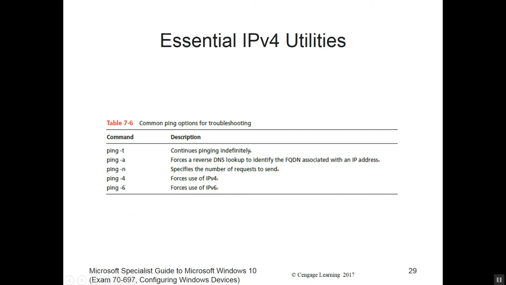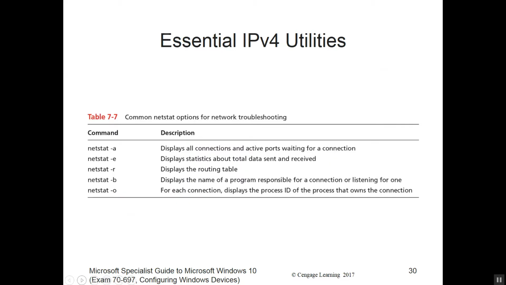I think traditionally we'll run 5 requests. The request goes out. How long did it take to get a response? It gives us an idea of how efficient our network is and whether it's actually working. We've got netstat for network troubleshooting that displays connections and active ports waiting for a connection.